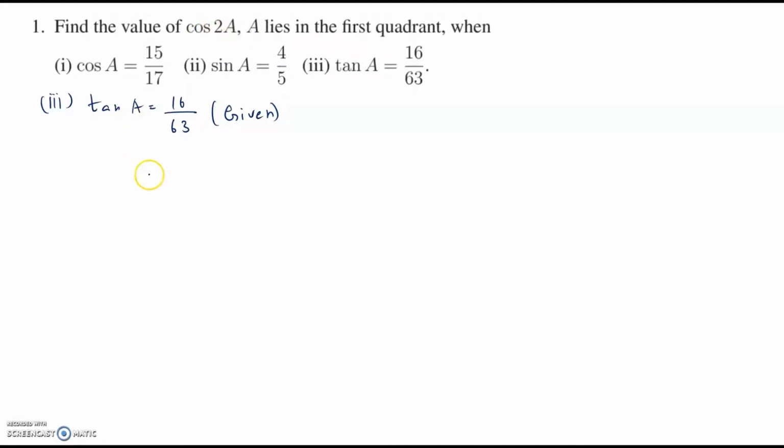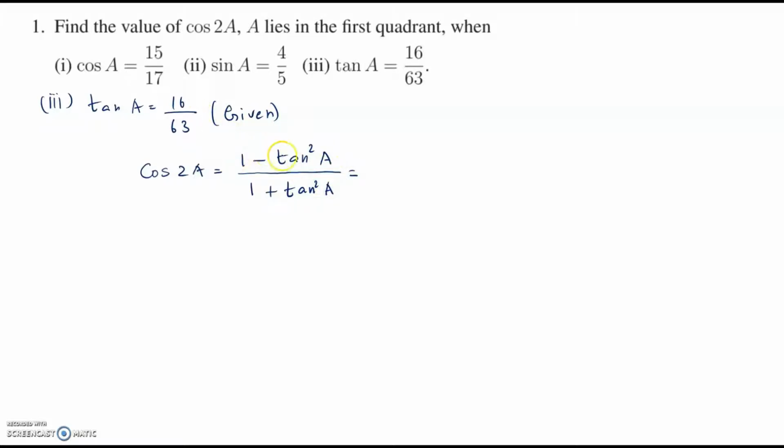So the definition of cos 2A is given as 1 minus tan squared A divided by 1 plus tan squared A.